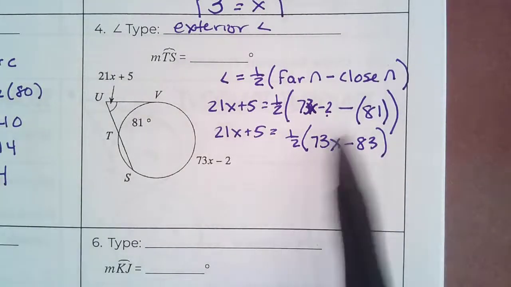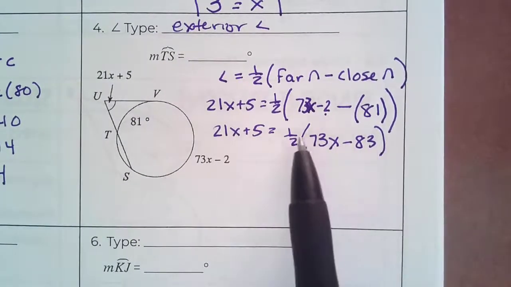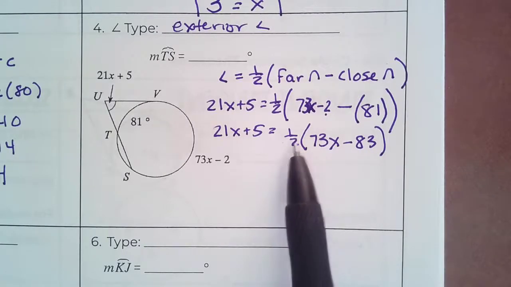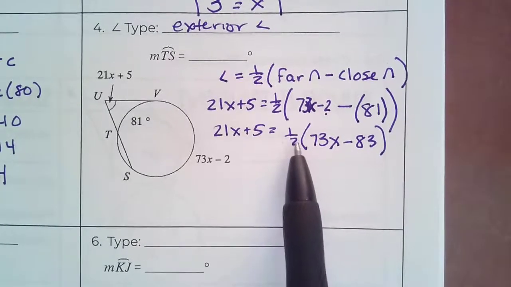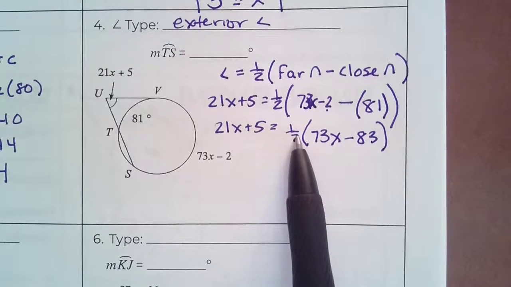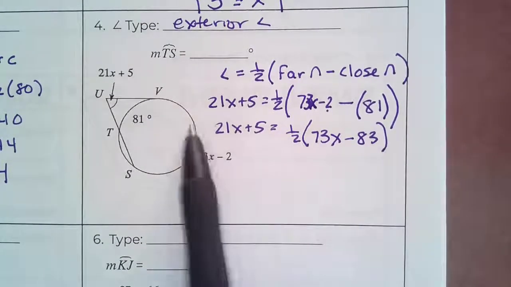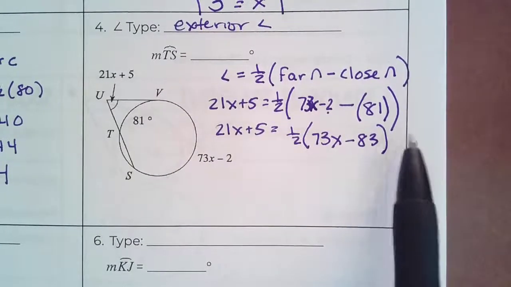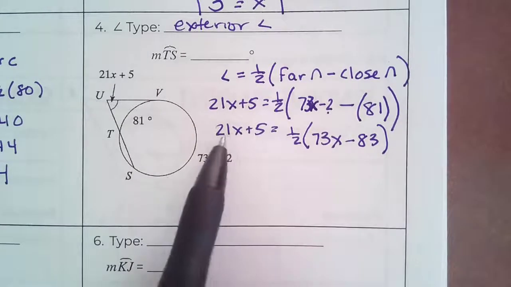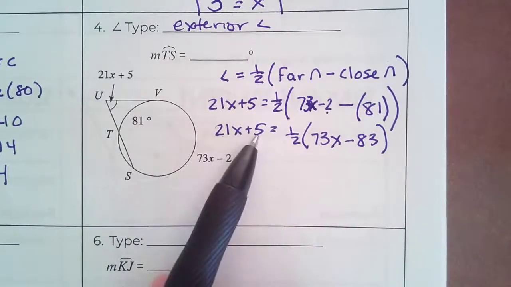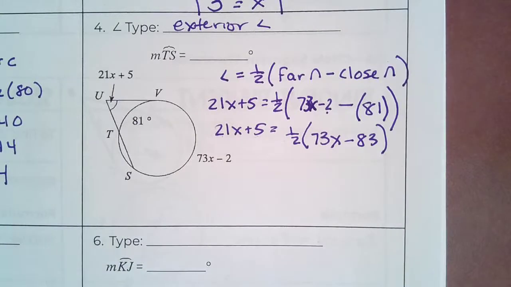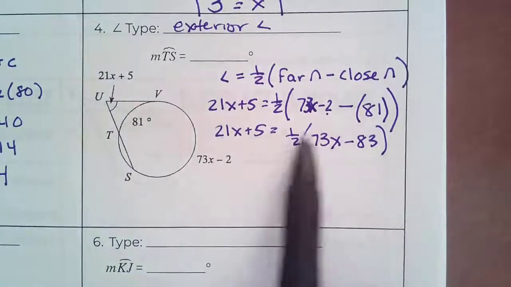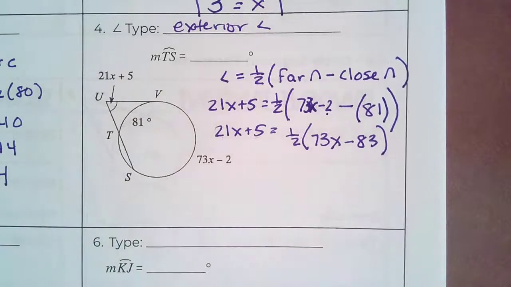So I could either distribute and multiply by 1/2, or I could undo this multiplying by 1/2, which is dividing by 2, and multiply both sides by 2. That way, this half would go away, and these would become larger numbers instead of decimals. Either way works. We'll go ahead and distribute and get decimals, and then next time I'll show you the other way.